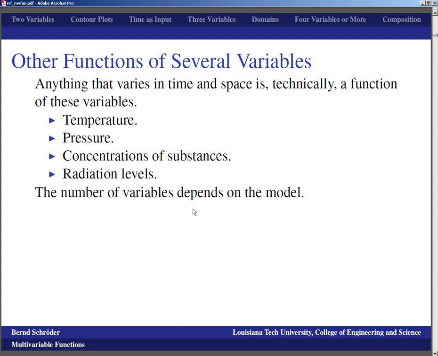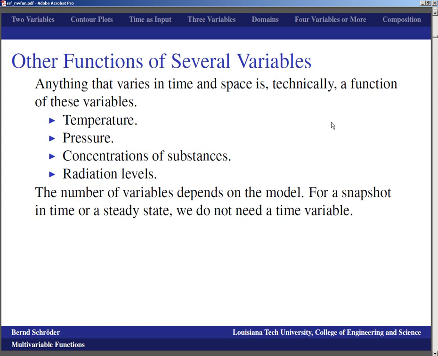The number of variables that we use certainly depends on the model, because if we're looking at a temperature map, for example, again for the North American and South American continents, then certainly we could get away with a flat map and just indicate the temperatures by colors, because typically we are interested in temperatures at the surface of the Earth, and we're not too interested in what happens 10 kilometers above, even though aviation people are certainly interested in that.